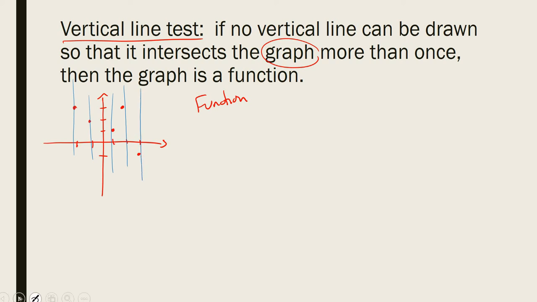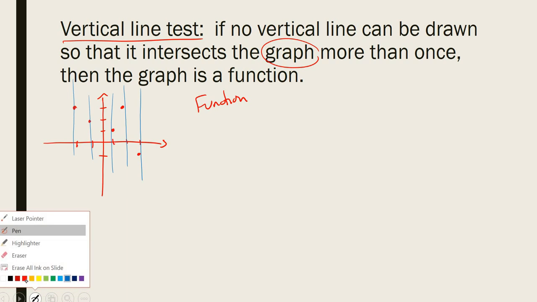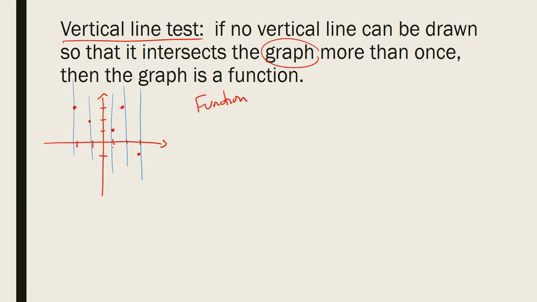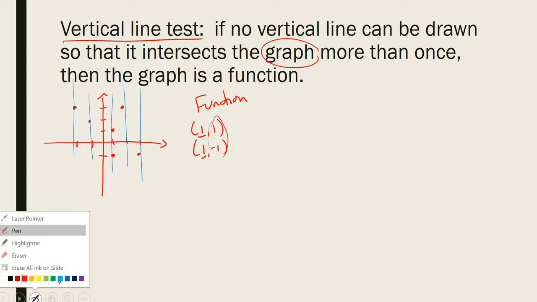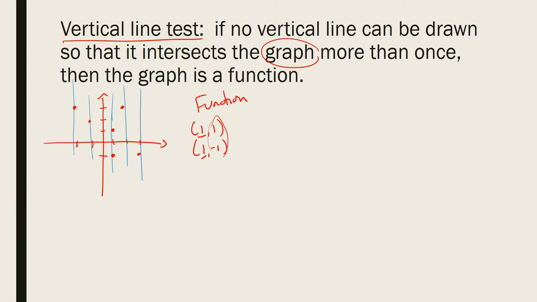Now again, if I were to add an ordered pair, such as 1, negative 1, in other words, the ordered pair 1, 1, and 1, negative 1, where this domain value of 1 is paired with 2 different y values, then my vertical line test fails because the vertical line that goes through 1, 1 also goes through 1, negative 1.